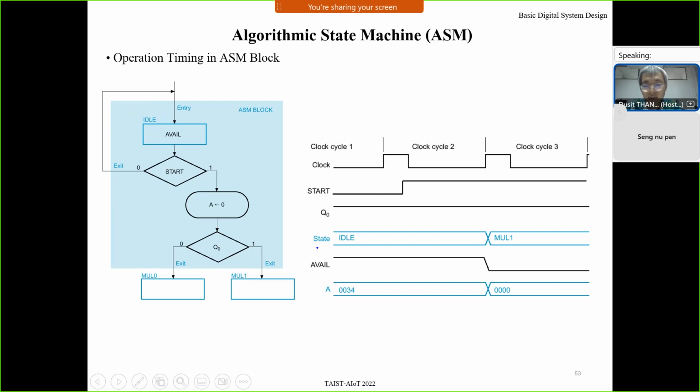At the beginning, assume it is state idle. At state idle, the output eval becomes 1. It's active. And now start is 0. When the clock ticks, start is 0, so it goes to state idle, so it is still state idle.